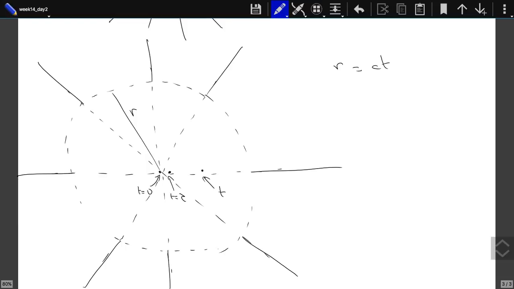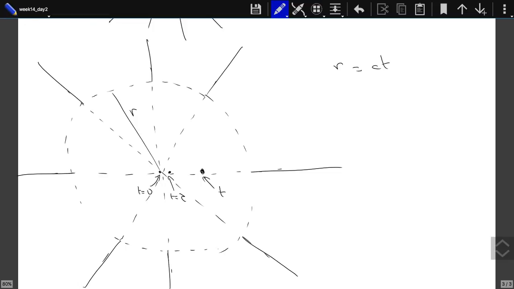Now my object is over here. After this point, it's just moving at constant velocity, a small velocity, but a constant velocity. And we also said that if an object is moving at constant velocity, the electric field lines should be more or less radial. That shouldn't change.